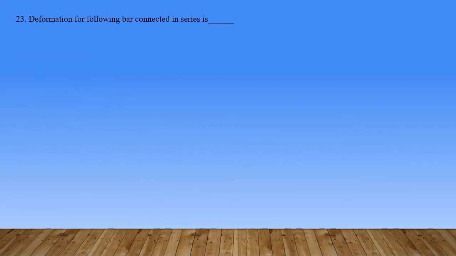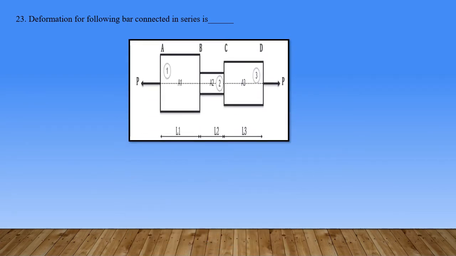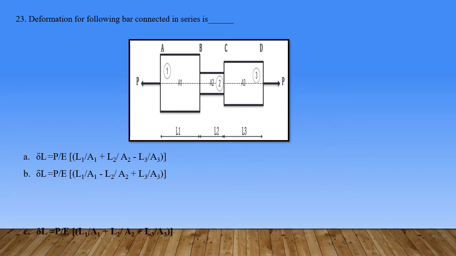Question number 23. Deformation for the following bar connected in series is, so this is the bar, and for that bar we have to find deformation. Option A, delta L is equal to P by E bracket L1 by A1 plus L2 by A2 minus L3 by A3. Option B, delta L is equal to P divided by E bracket L1 divided by A1 minus L2 divided by A2 plus L3 divided by A3.